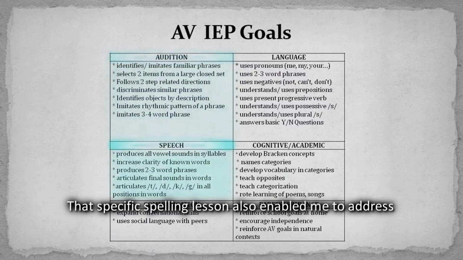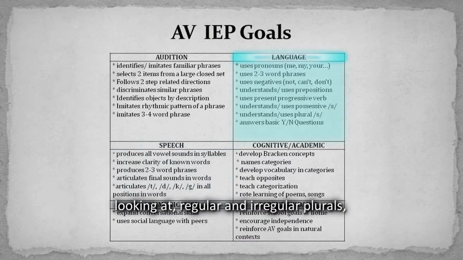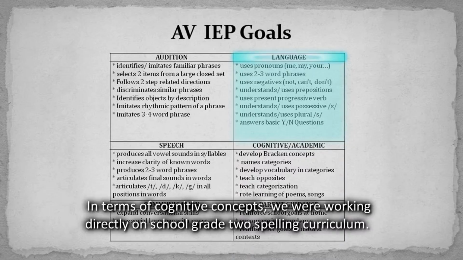That specific spelling lesson also enabled me to address another auditory verbal goal, looking at regular and irregular plurals and understanding and using the possessive S. In terms of cognitive concepts, we were working directly on school grade 2 spelling curriculum.